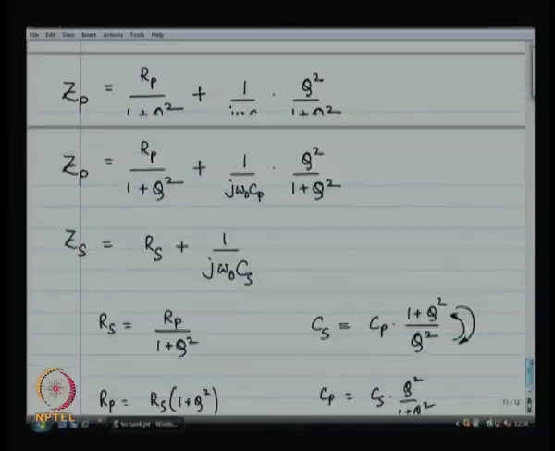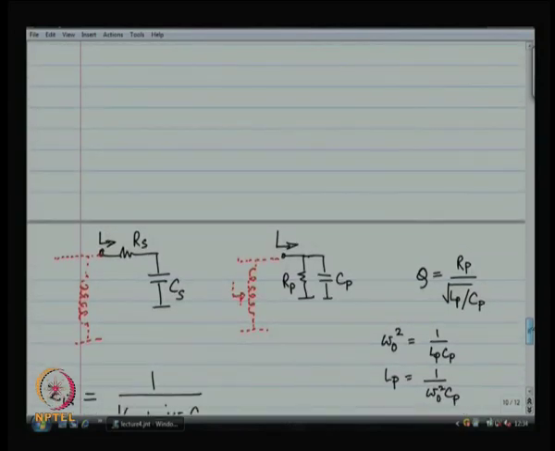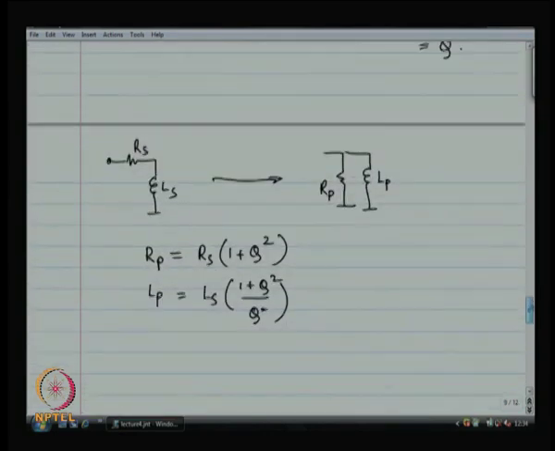What is important over here is that these transformations can be done at one frequency of interest, that is omega naught. Omega naught can be anything, because the inductor can be chosen to be anything. The inductor is imaginary, remember, or the capacitor in the earlier case was imaginary.